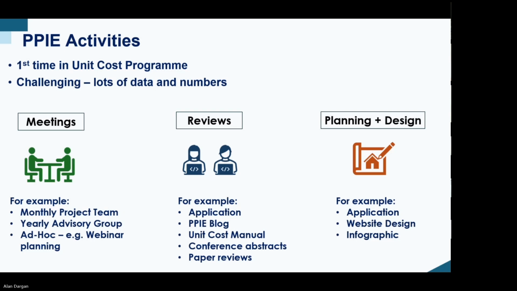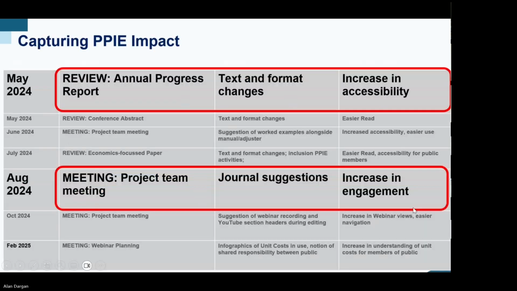On the next slide, what we have done is look at what the impact of this is. This is just a small excerpt of a bigger log, as we call it. It's really just to show how all of these activities have had a positive impact on improving accessibility, improving our engagement, improving the content of our outputs and increasing the visibility and the dissemination of our research.